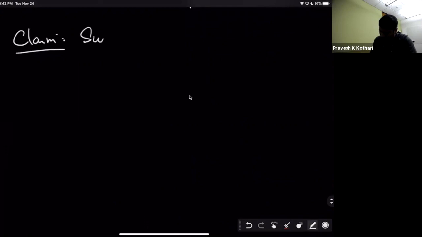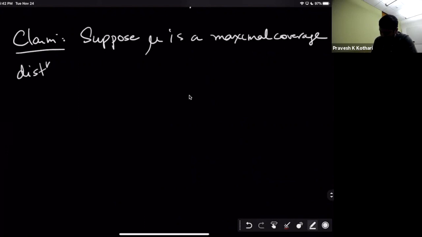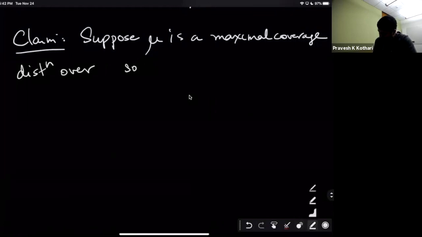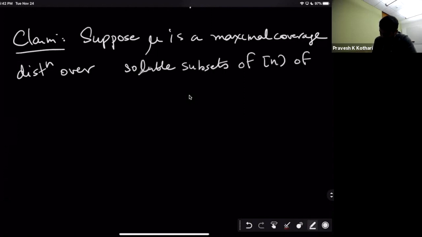Claim: suppose mu is a maximal coverage distribution over soluble subsets of n of size alpha n. Actually, let's make it exactly equal, which just makes arguments cleaner.